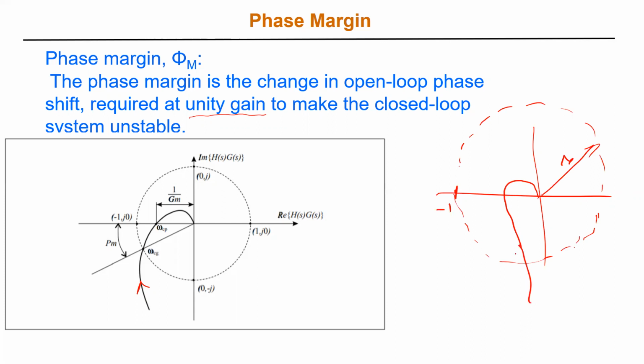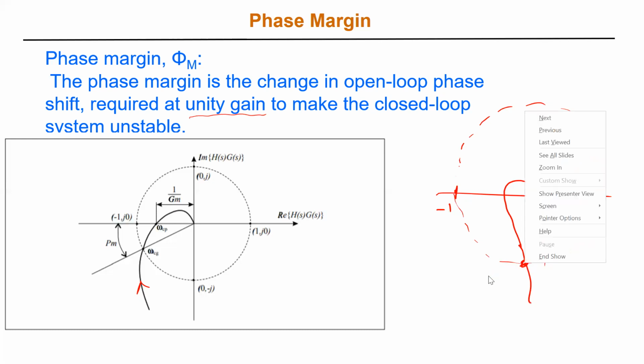So it intersects at this point. What will be the magnitude at this point? The unit circle intersects my graph at this point, so the magnitude is 1 at this point only. Everywhere on the circle, yes.